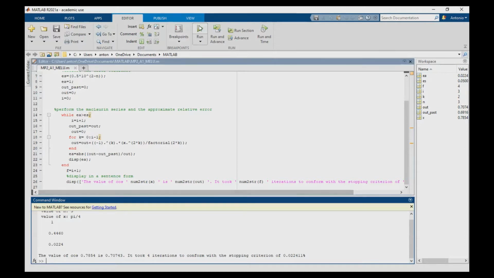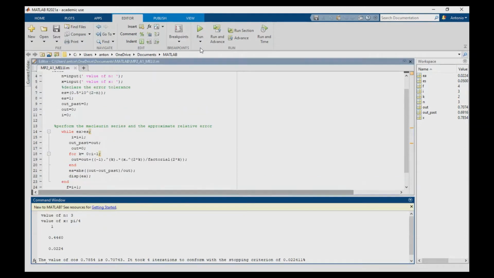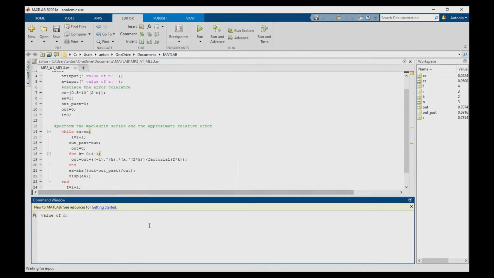Now let us run it again and see where n is equal to 5, then pi over 4. As you can see, it took 5 iterations to conform with the stopping criterion of 0.00046.